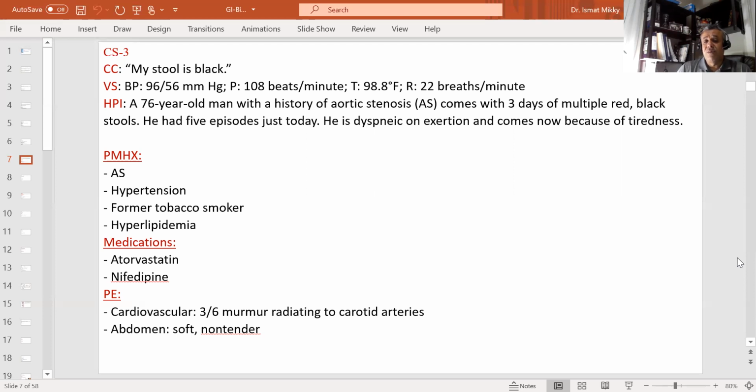So the internal bleeding will be indicated with the hypotension and tachycardia, in addition to the melena, which is the bleeding in the stool. So the past medical history: aortic stenosis, hypertension, former tobacco smoker, hyperlipidemia, patient takes the statin and nifedipine.